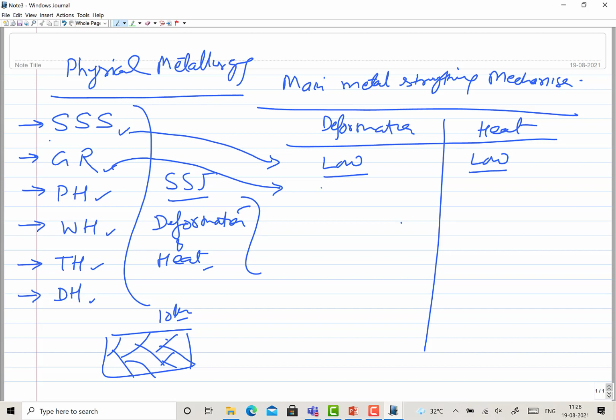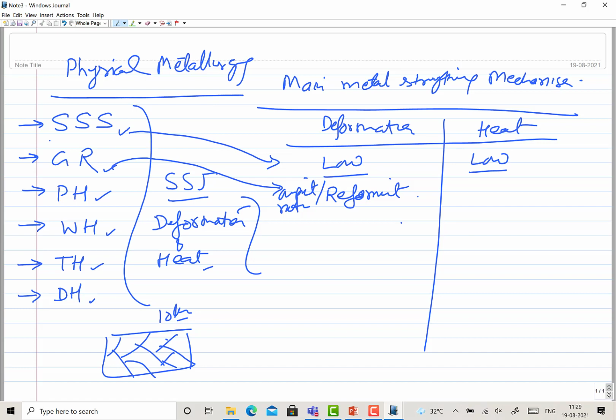So for moderate deformation, there may be just a change in aspect ratio and an increase in length. Otherwise, it can lead to refinement. So the aspect ratio change and the refinement are the two possibilities. If the deformation is very severe, you will find that a lot of fracturing of the constituents has taken place and it has got refined.